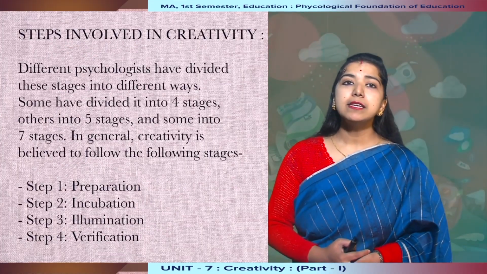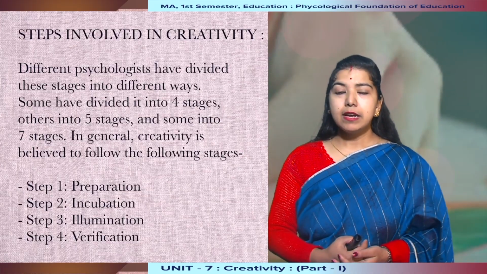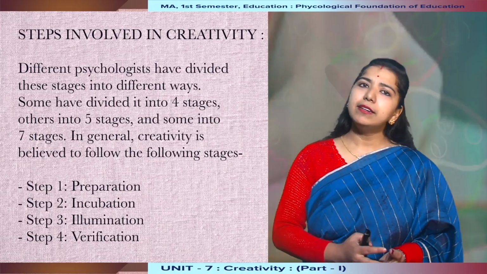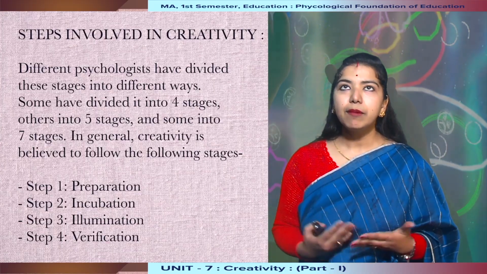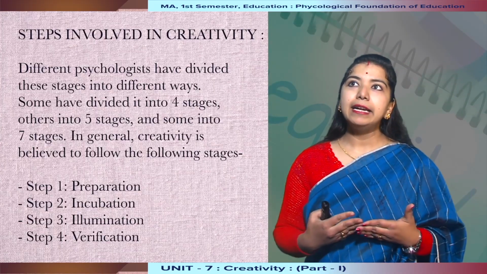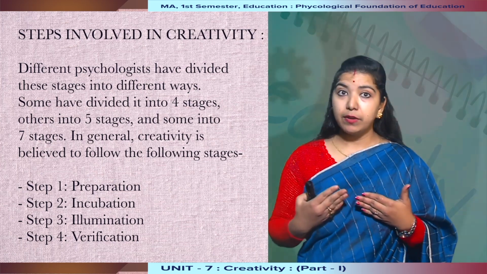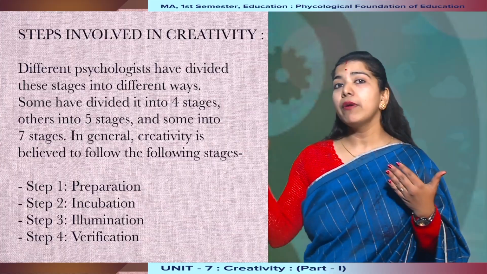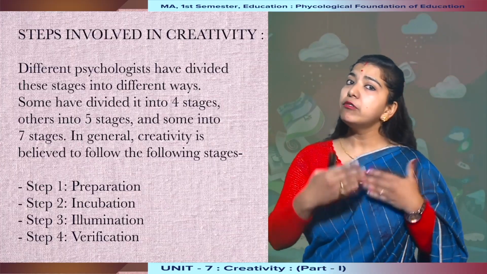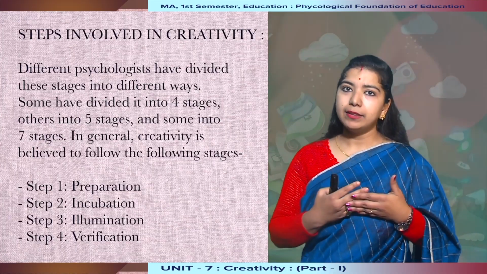Now we will discuss the steps. Steps in creativity. What are the steps? When a creative person creates something new, it is not that he has just created it yesterday. It has a process. He has to go a long way through the process. He has to follow some procedures. What are they?